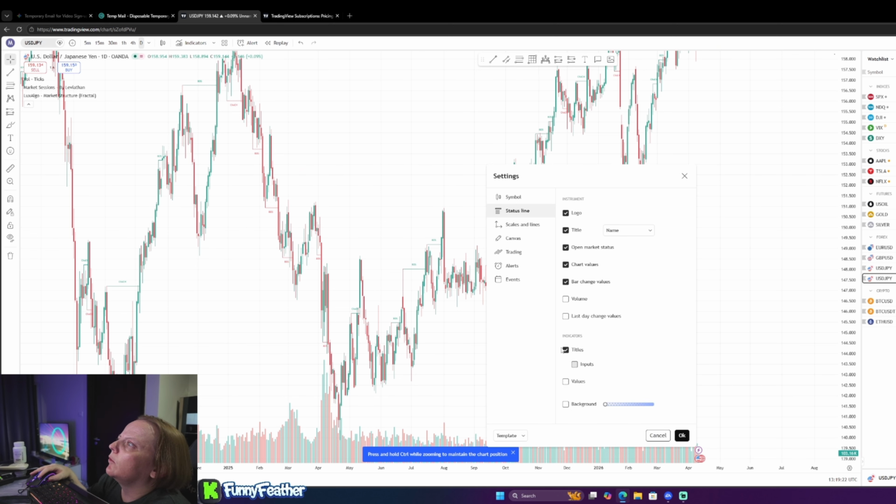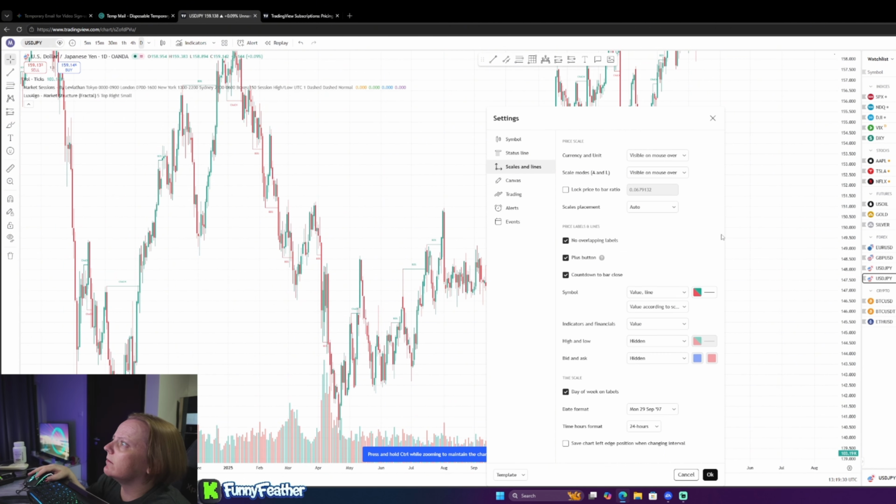Values, titles, indicators, background. Then scales, no overlapping labels, plus buttons you can click, countdown to bar close. I always like to have the countdown to bar close. It's very important to have because it tells you when the bar closes.